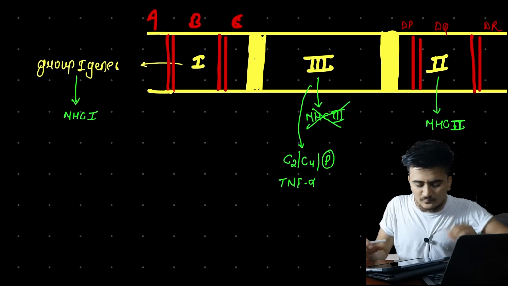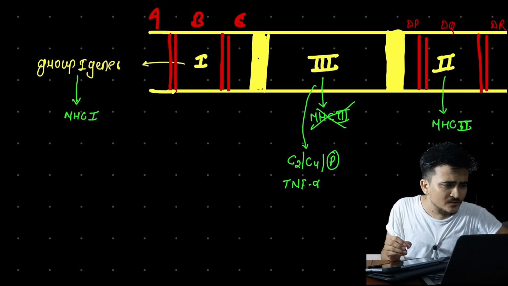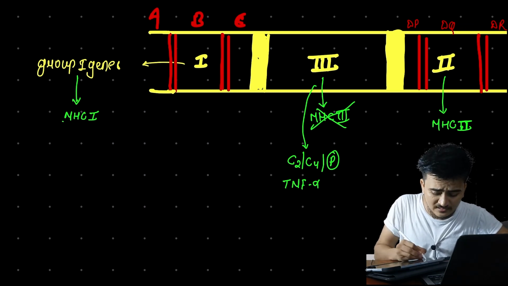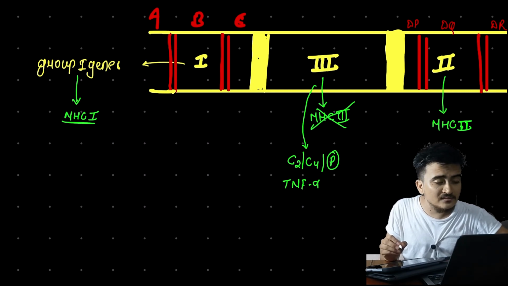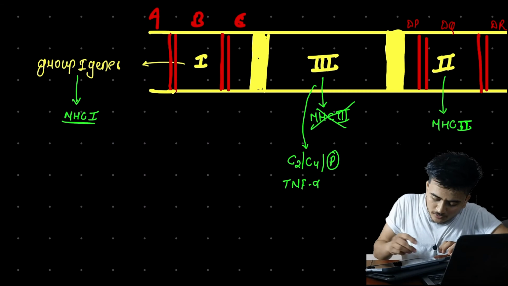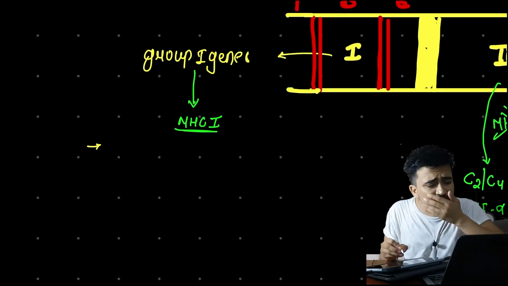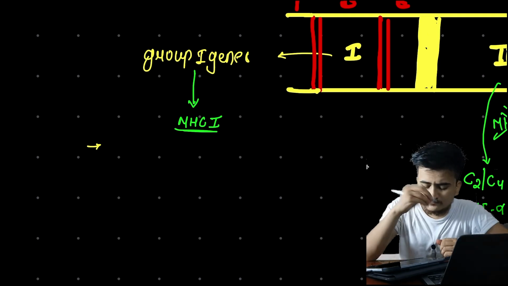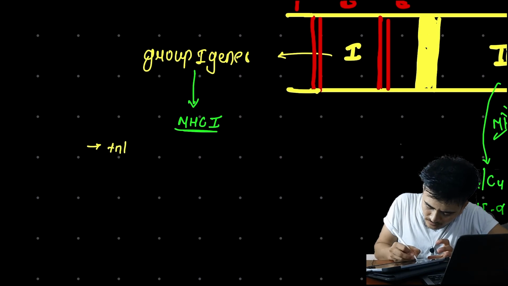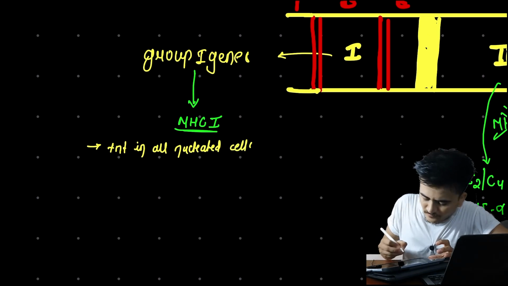Okay, what was group 1 gene doing? It was responsible for giving MHC class 1. And now what does the MHC class 1 do? Talking about MHC class 1, there are important points that we need to know. MHC class 1 is present in all nucleated cells.